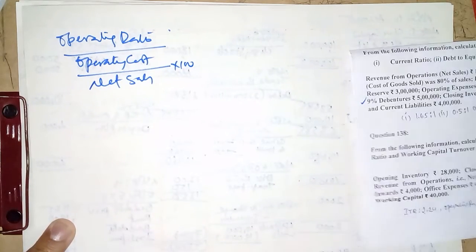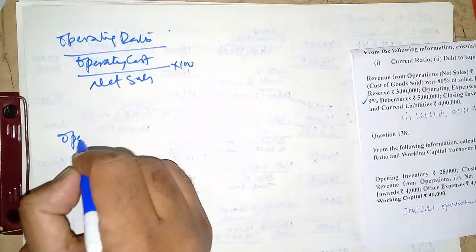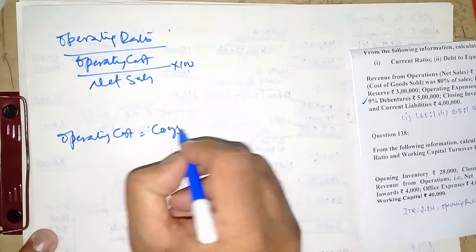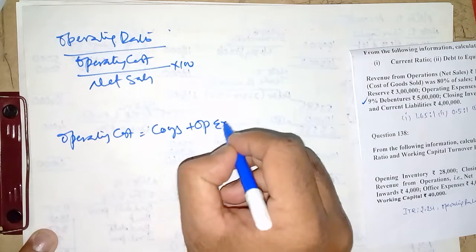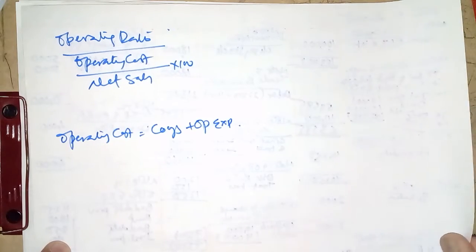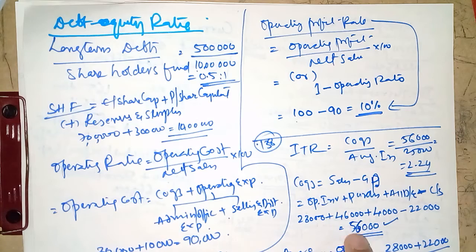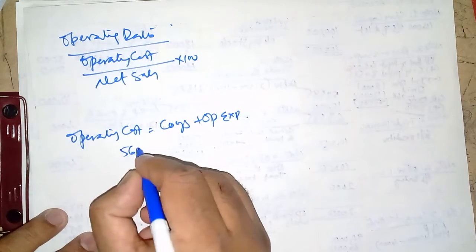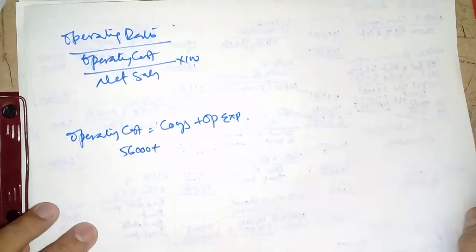So operating cost is equal to COGS plus operating expenses. COGS we have already calculated just now. How much was it? 56,000 we calculated. So COGS is 56,000 plus operating expenses.